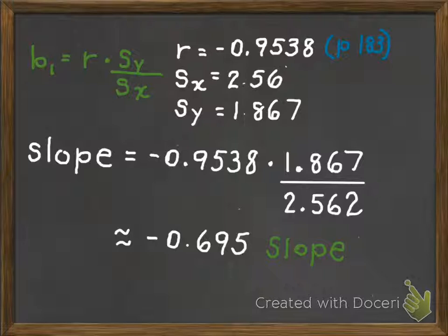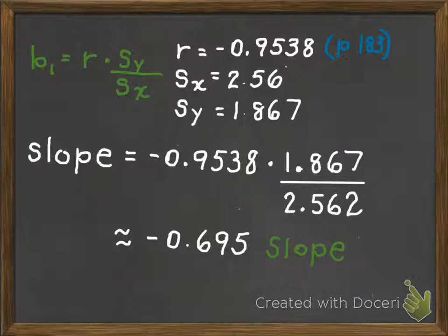So to find the slope, we're going to compute the R correlation using technology. When we do that, we get minus 0.9538. You also learned how to compute the standard deviation by hand, so for this problem, we're just going to use technology.